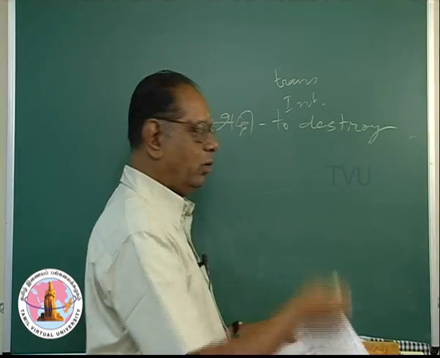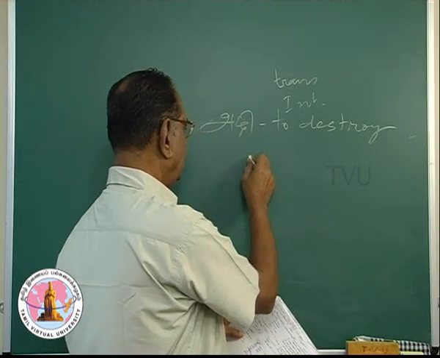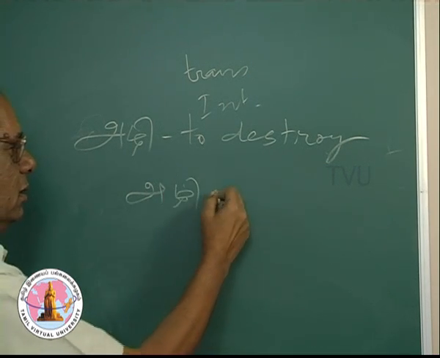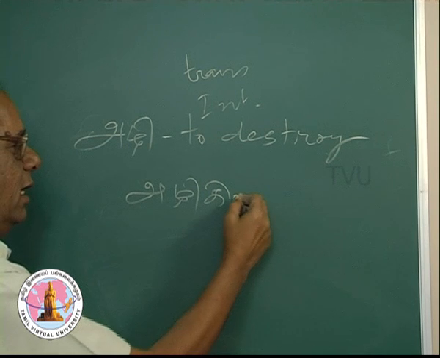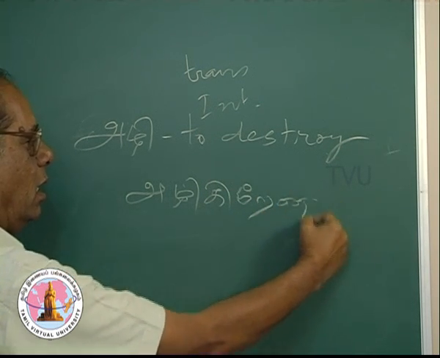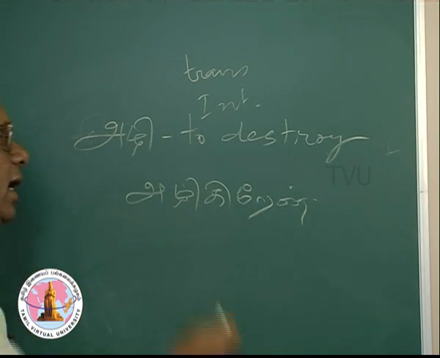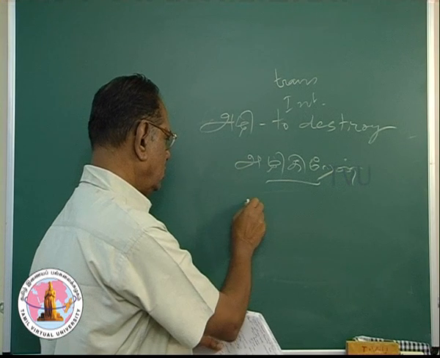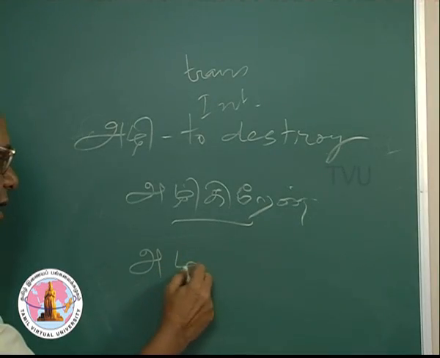So, following the other verbs, if the combination is natural, it is azhigireen. If it is transitive, it becomes azhikireen.